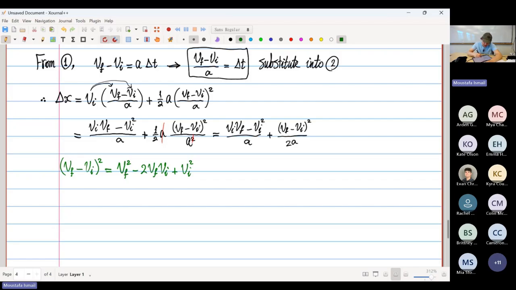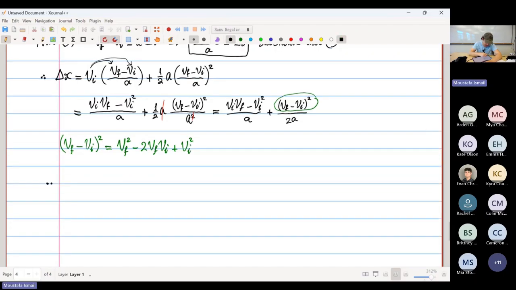And then we substitute that in there. So delta x becomes Vi Vf minus Vi squared divided by A plus a big fraction divided by 2A, and this big fraction is Vf squared minus 2Vf Vi plus Vi squared.